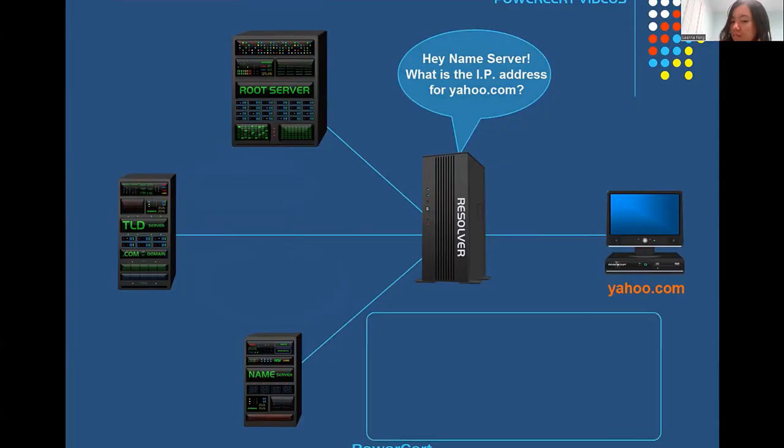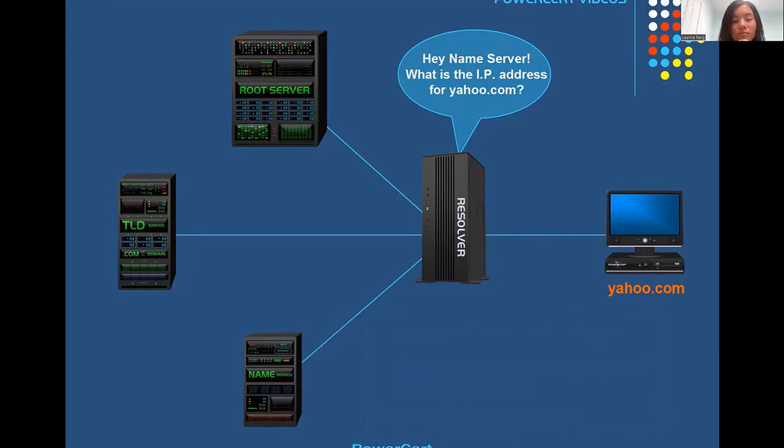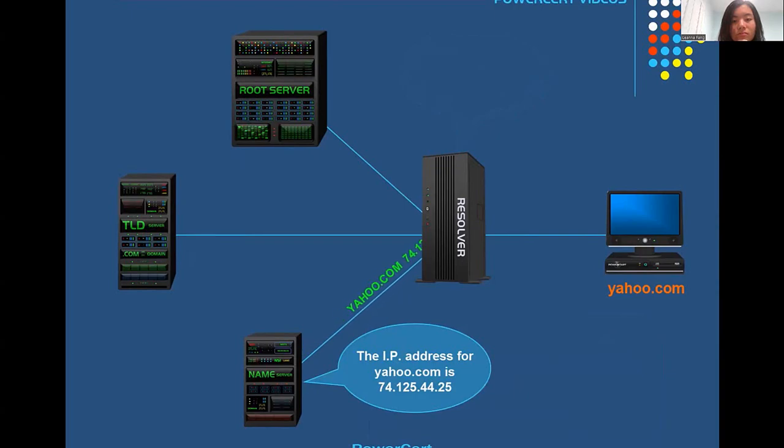The authoritative name server or servers are responsible for knowing everything about the domain, which includes the IP address. They are the final authority. So when the authoritative name server receives the query from the resolver, the name server will respond with the IP address for yahoo.com. And finally, the resolver will tell your computer the IP address for yahoo.com, and then your computer can now retrieve the Yahoo web page.